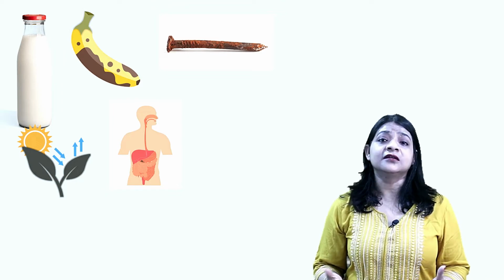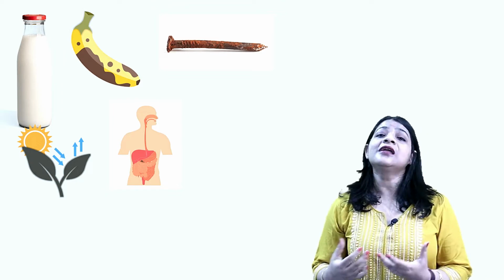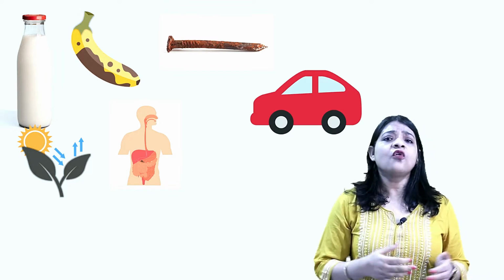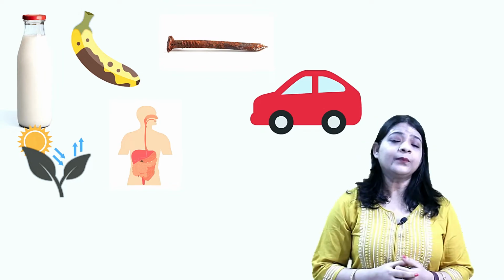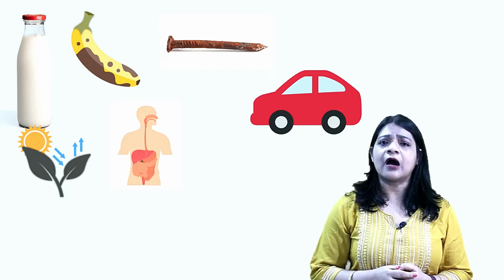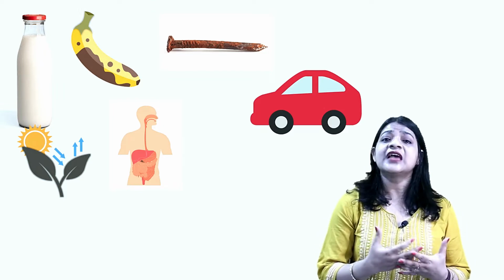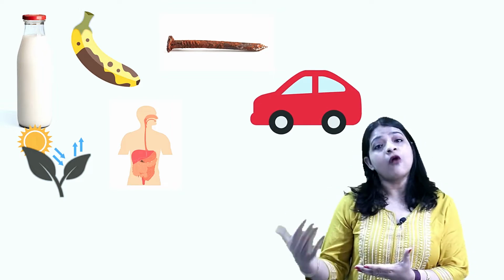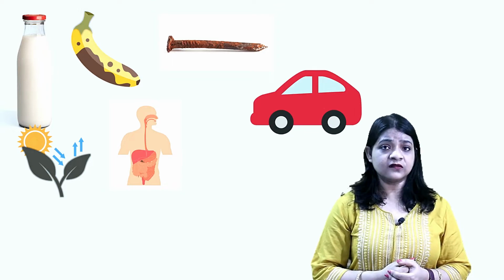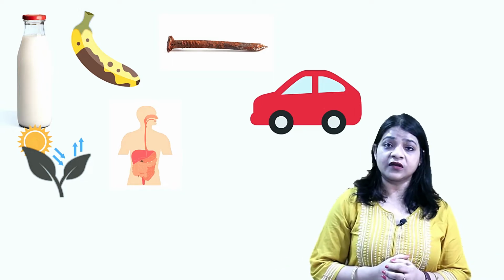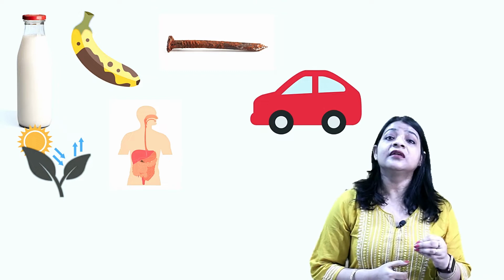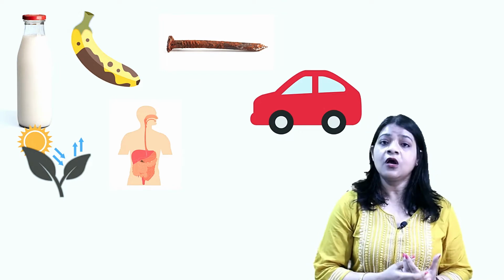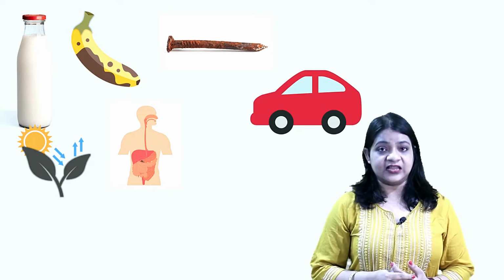When we consider a car, the burning of a fuel leads to evolution of some gases. All the examples that I have told you just now tell us about a new substance that is formed from the original substance, which is different from the original substance in chemical identity. That is, the chemical composition of the substances is changed.